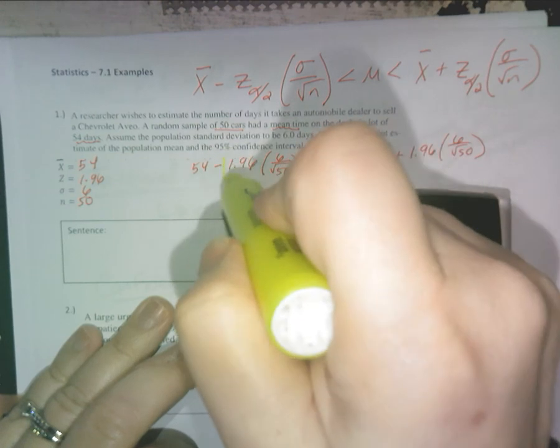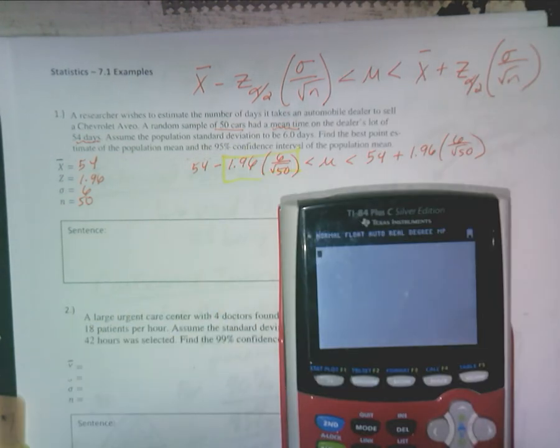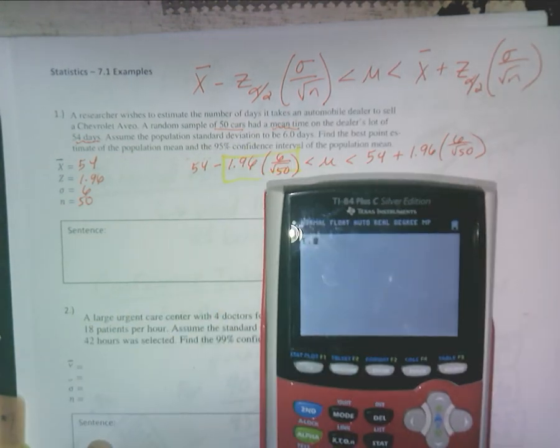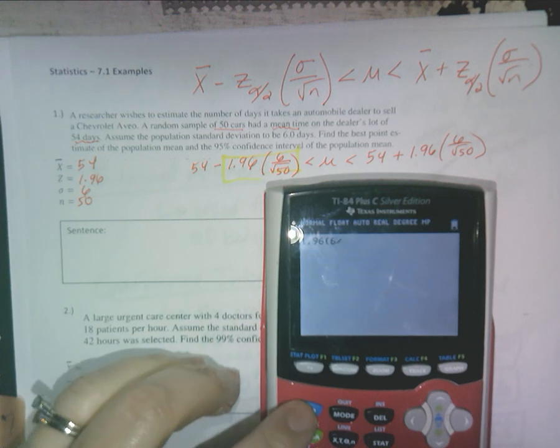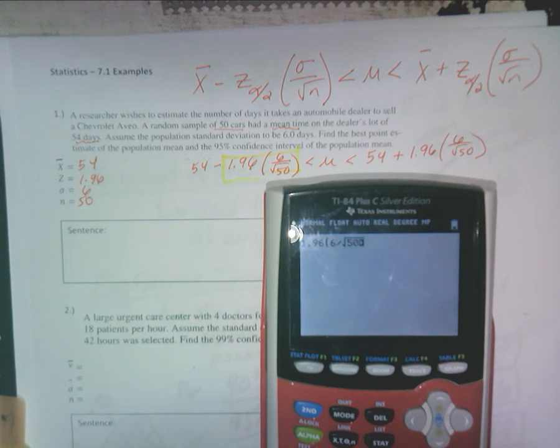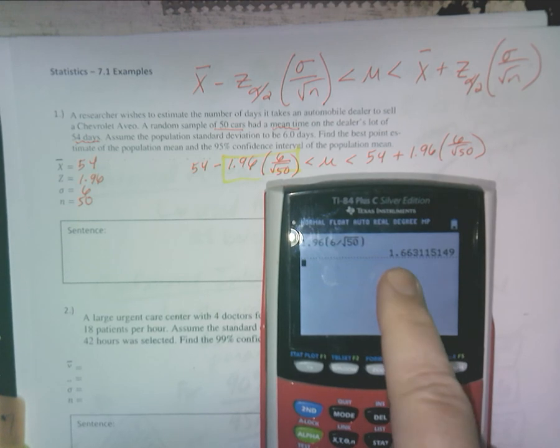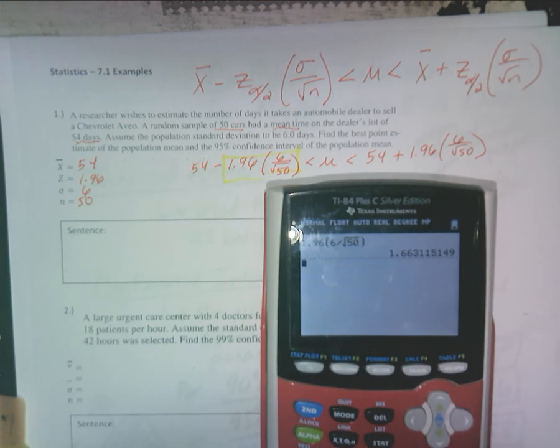I go 1.96 times 6 divided by the square root of 50. Notice I'm putting it in parentheses just like it is in the formula. I go to 3 decimals and then I end in 2.